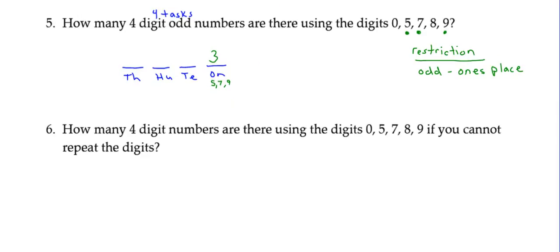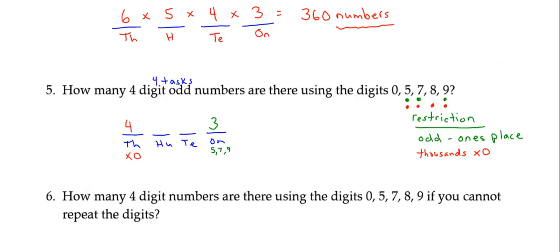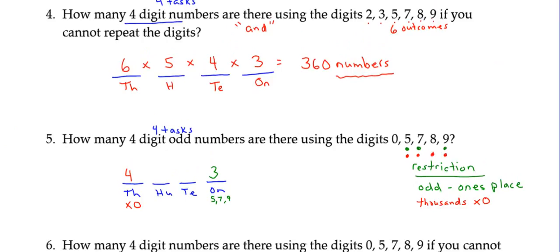The second restriction is that the thousands digit cannot be a 0. So that means the thousands digit can be a 5, a 7, an 8, or a 9. So there are 4 possible outcomes that can go in the thousands digit. Note that in question 5, it's different than question 4.